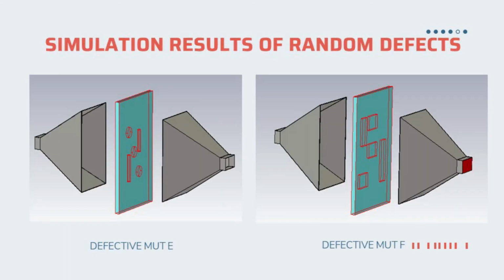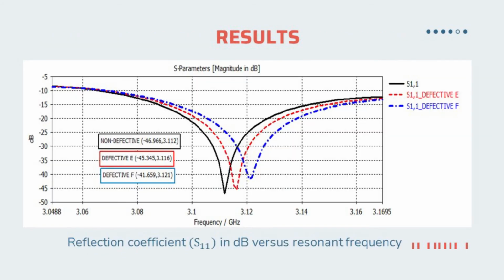Defective MUT-E and F were random defects created in the MUT at different locations in the form of cylindrical and rectangular shapes. This figure shows the reflection coefficient versus resonant frequency for non-defective, defective E and defective F. This result also shows that when there are voids in the MUT, there will be a change to the reflection coefficient and resonant frequency.